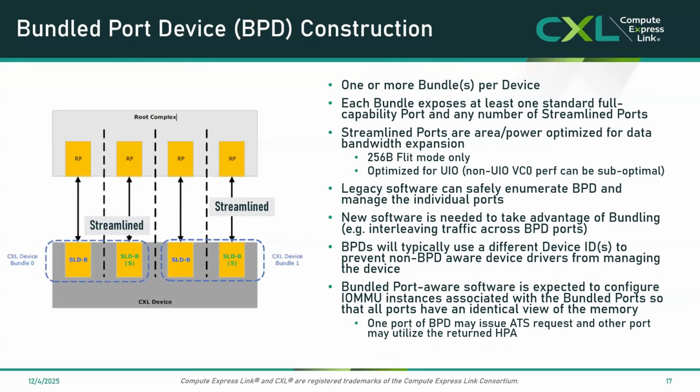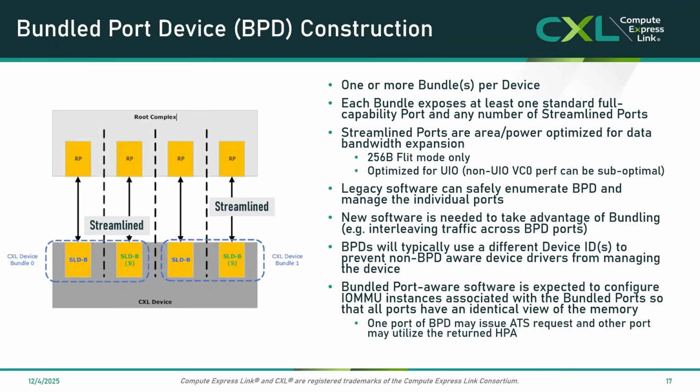Each bundle has one port that is a standard full-capability CXL port, called SLD-B. It supports the full capabilities, as Debendra mentioned, fully backwards compatible, and that helps with our promise that these devices will work in existing systems.